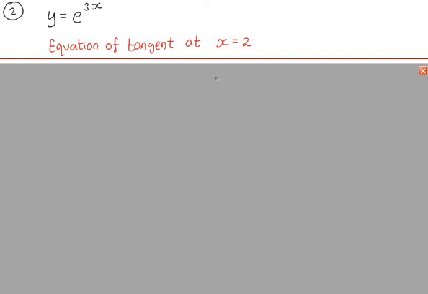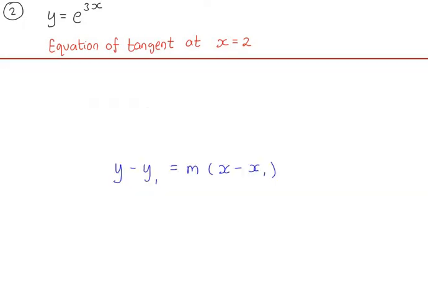Example 2, we need the equation of the tangent to this curve. So we need the gradient of the curve when x equals 2. We need an x coordinate and a y coordinate. Because the tangent is a straight line, here's the equation of a straight line. So we need to look for these values: an x-coordinate, a y-coordinate, and a gradient.